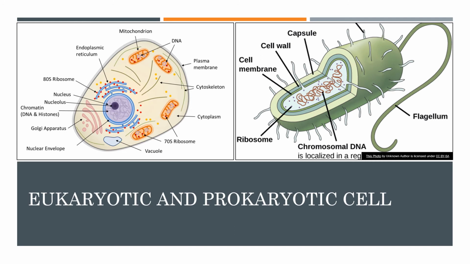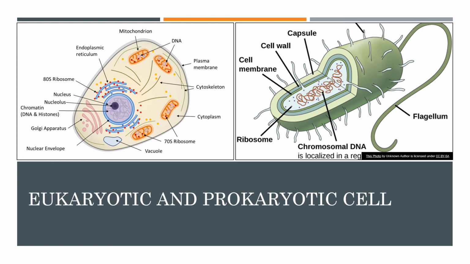Now these are the two types of cell, the prokaryotic and the eukaryotic. What is a prokaryotic cell? The prokaryotic cell is a primitive kind of cell. It does not have a proper nucleus; the nuclear material in the cell is not enclosed by a nuclear membrane.